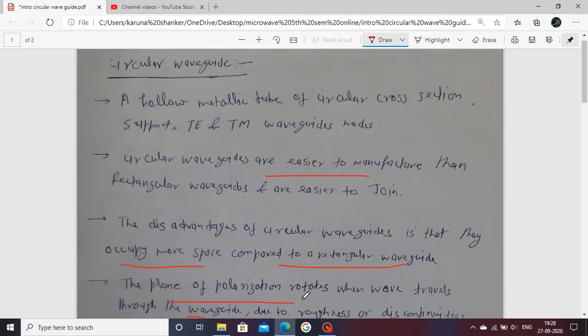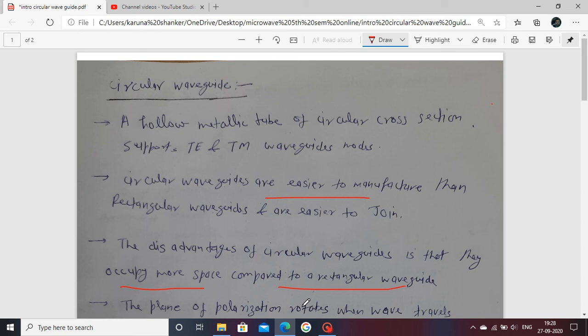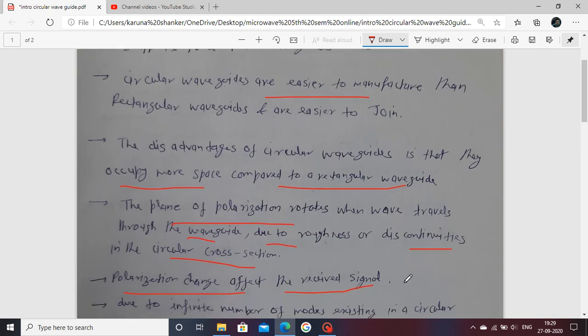The overall conclusion for the circular waveguide: it is a hollow metallic tube, easier to manufacture than the rectangular waveguide and easy to join. Disadvantages of the circular waveguide: it occupies more space, and the polarization rotates when the wave travels through the circular waveguide.